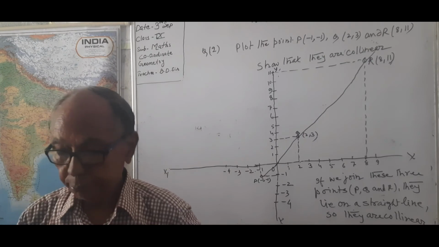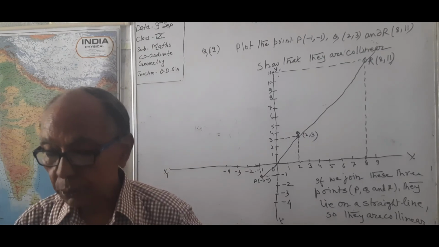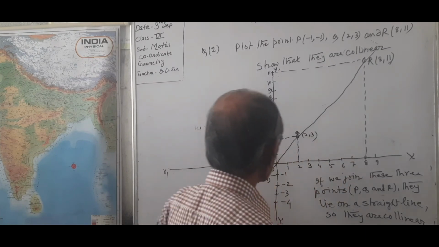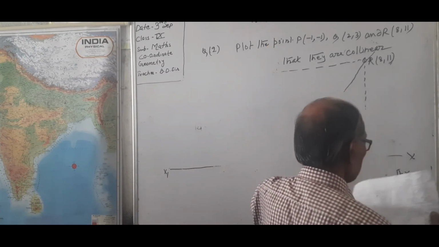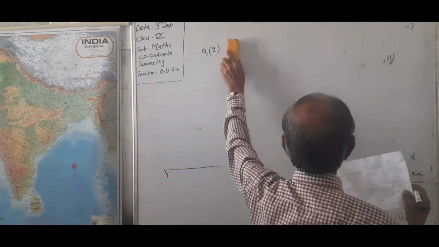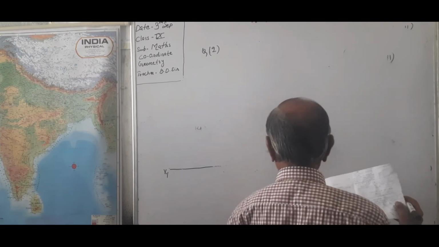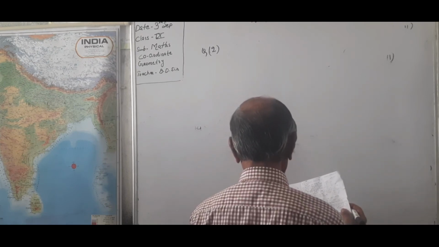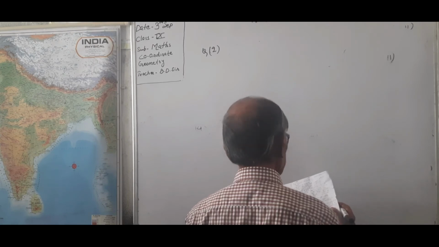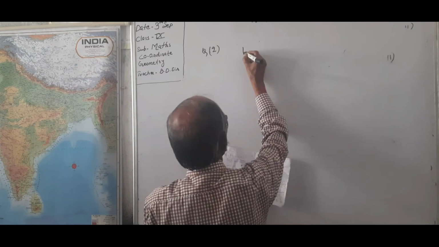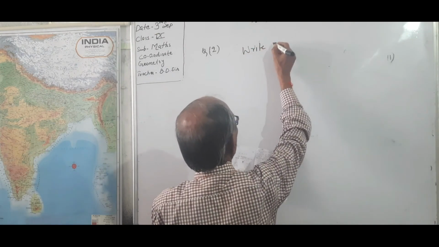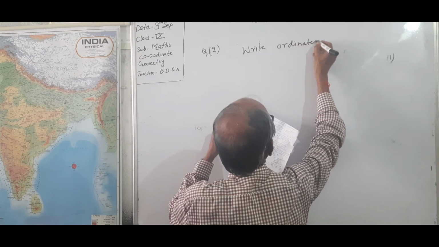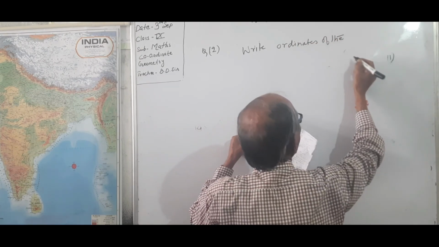Now a simple question asked: write the abscissa and ordinate of the following points.